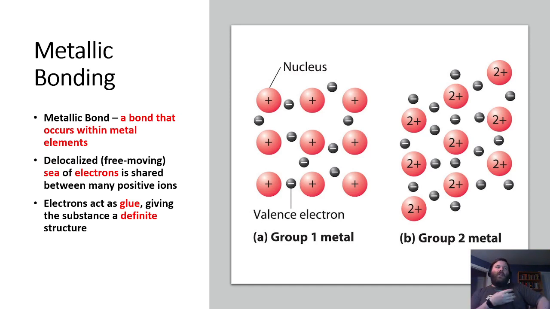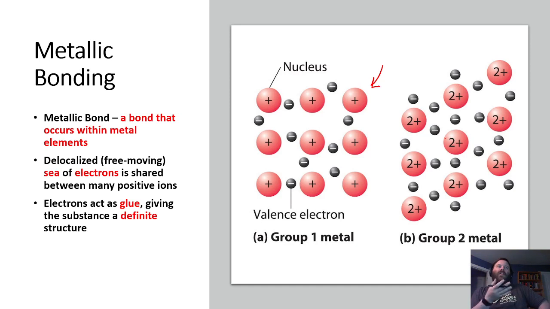So what it actually looks like inside a metal is what we have in this picture here. We've got a bunch of nuclei. Those are marked with the positive bubbles there, in a crystalline structure, meaning that it's kind of regular. And then there's a bunch of delocalized electrons that are just floating around and being shared between all of the other atoms.